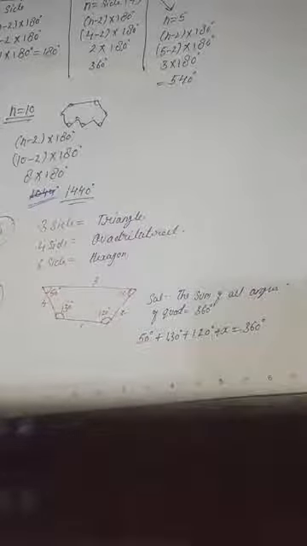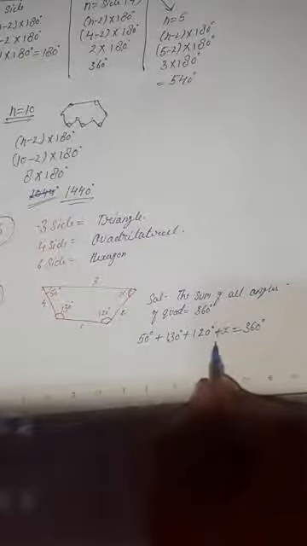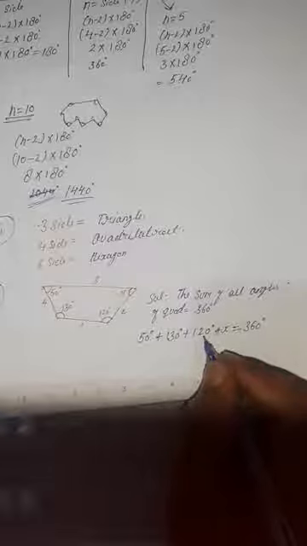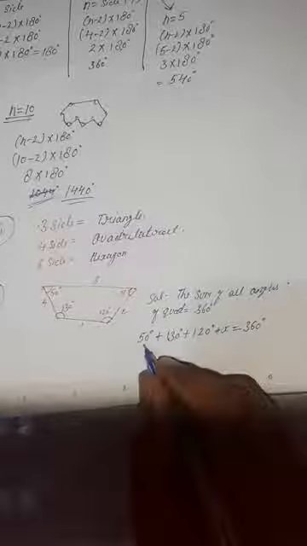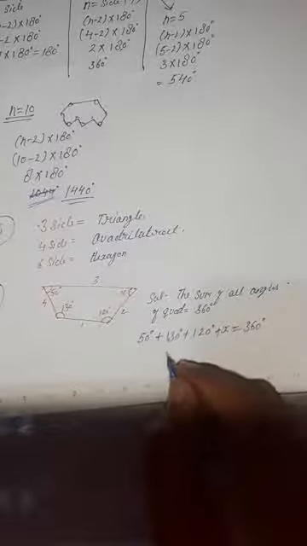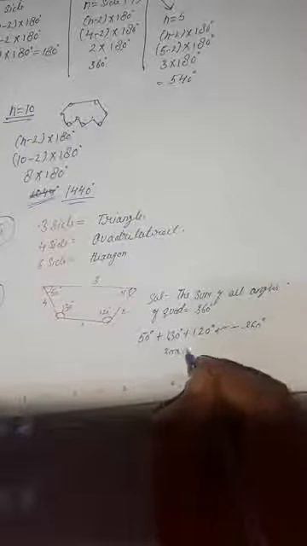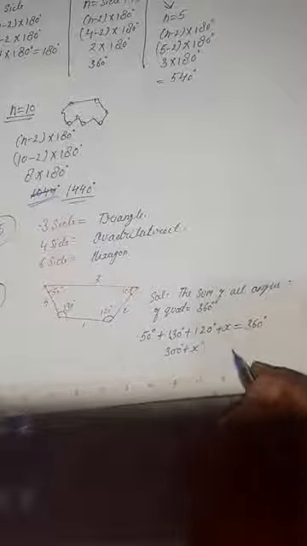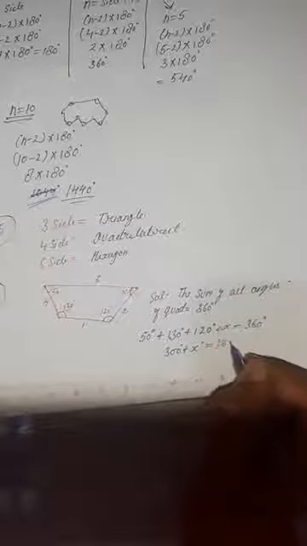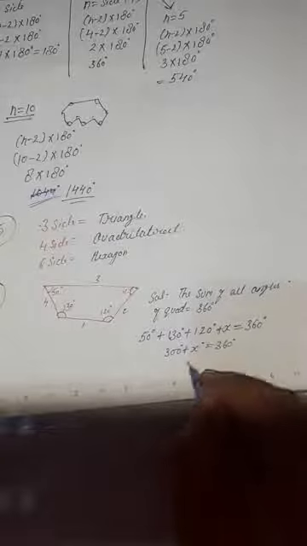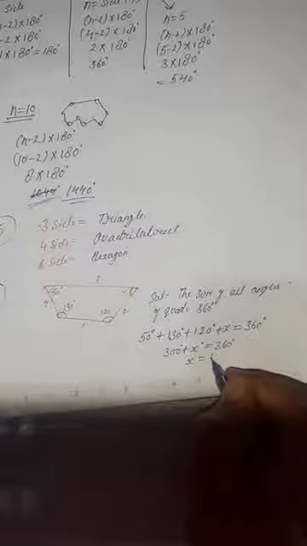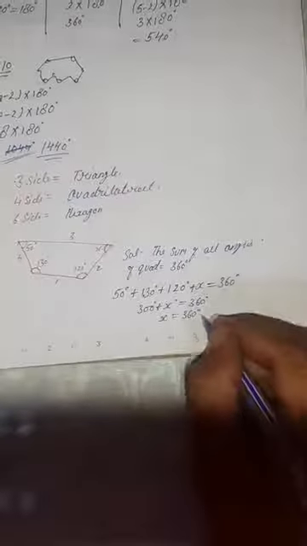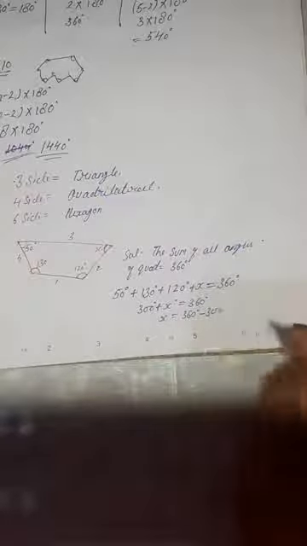Now we will add all these angles. 130 and 120 is 250, 250 and 50 is equal to 300, plus x. Now we can find the value of x: x is equal to 360 degrees minus 300.